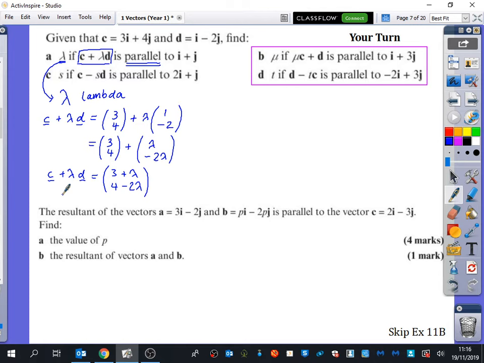We now want to start thinking about the second half of the question, where it says it's parallel to I plus j. If you finish writing it down, just think, how do we know if two things are going to be parallel as vectors? And that first page could be helpful.